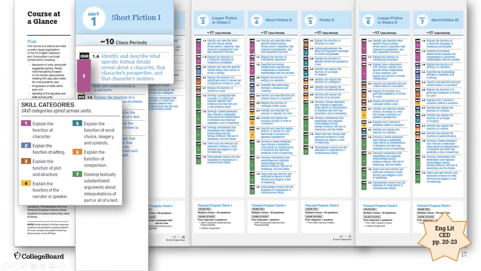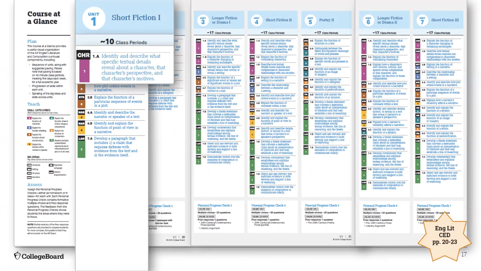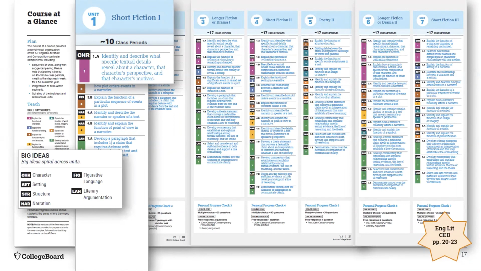But the same idea here is that the category spirals throughout the course. We get multiple repetitions. We also have these big ideas about character, about setting, about figurative language, and those also spiral throughout the course. You'll see them come up in several different units.